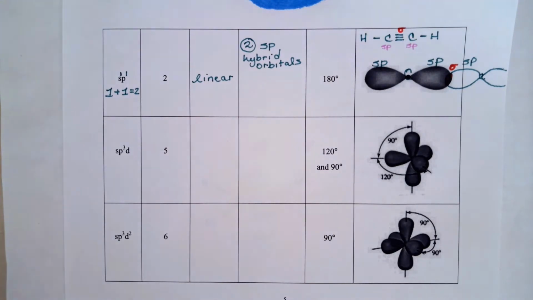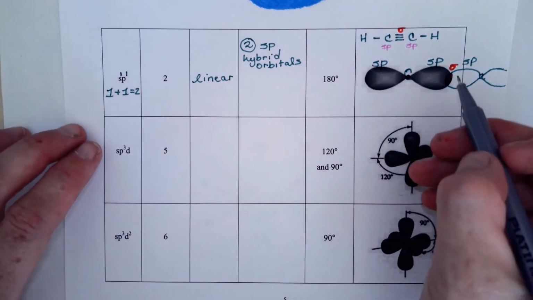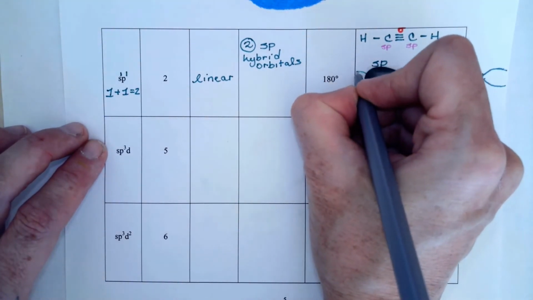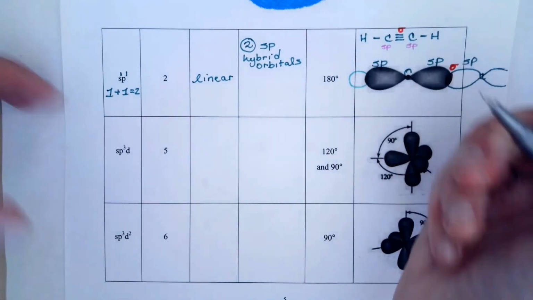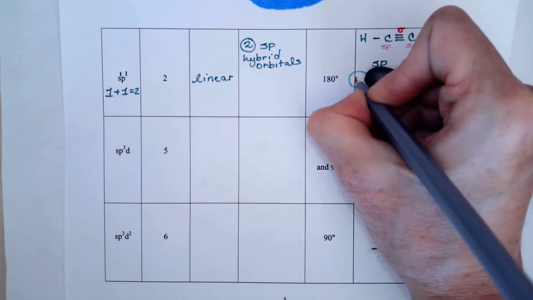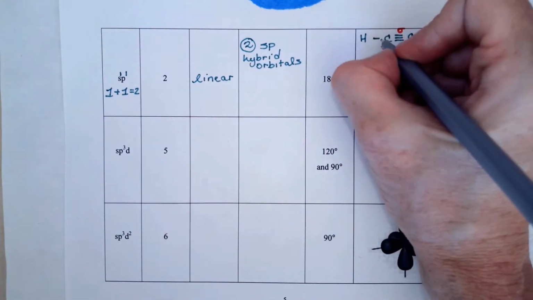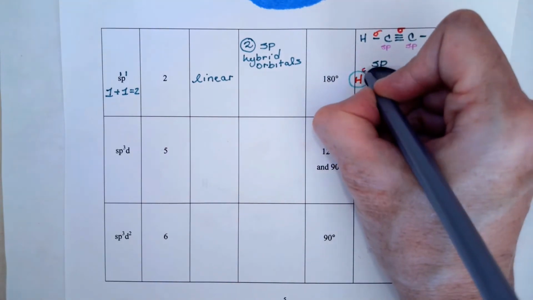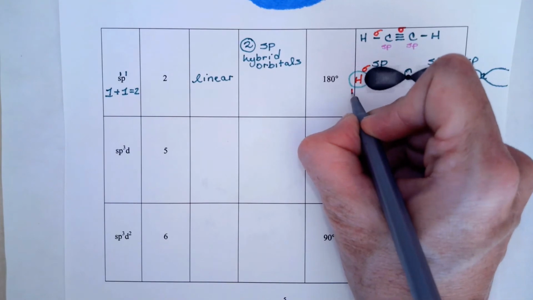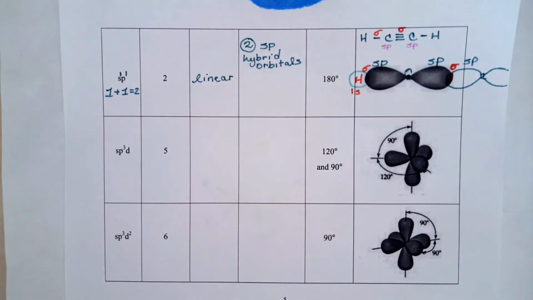We can throw in the hydrogens. I planned poorly. There's a hydrogen off the page, but at least get this hydrogen over in here. So that's right there. That's another sigma bond. We have end-to-end overlap between the sp and the 1s of the hydrogen.